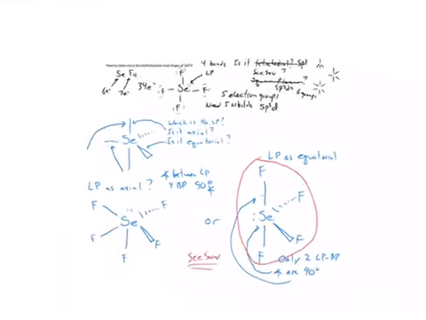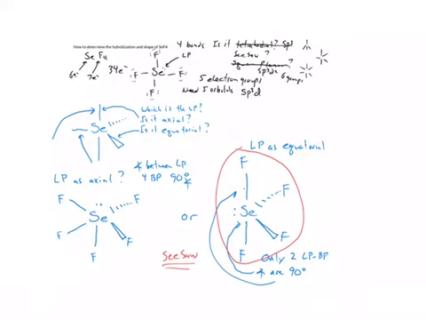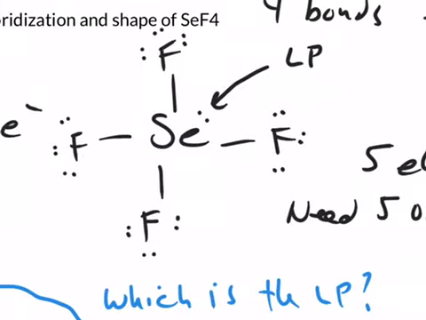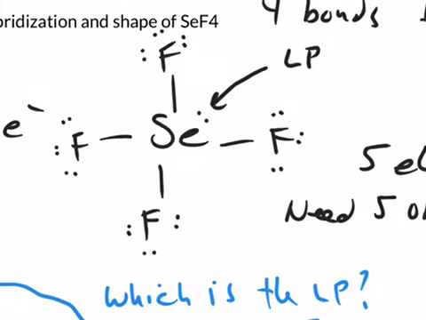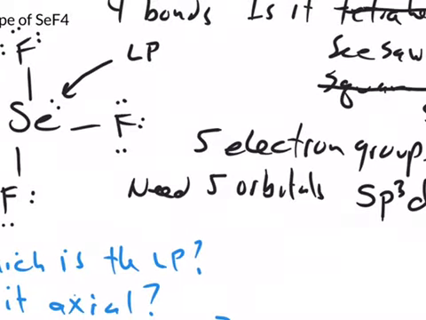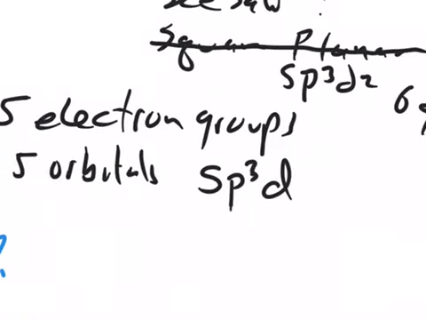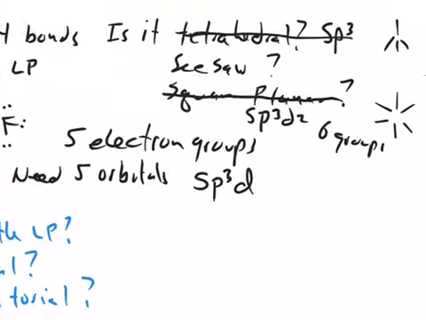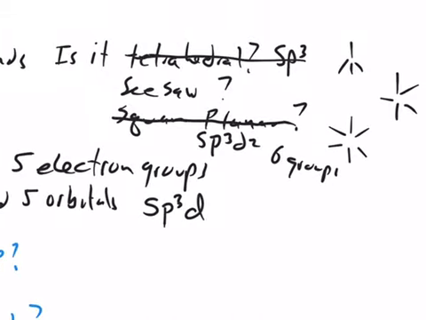So determine the number of electron groups first with the Lewis structure. That tells you how many orbitals you need. So in this case, we need 5. That's sp3d. So that's going to rule out most of our shapes. So then the general electron shape is going to be this one right here, which with 5 groups is trigonal bipyramidal.